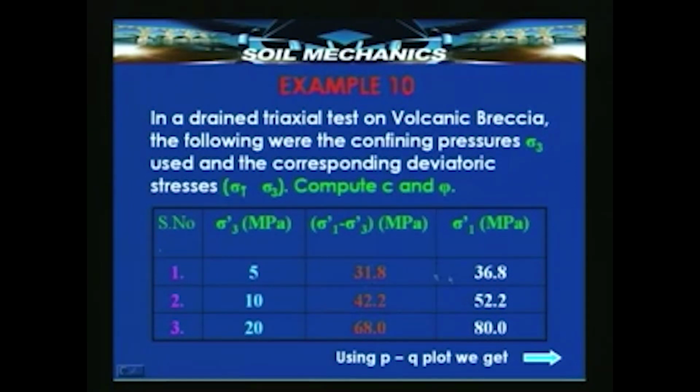Now, from this data we can calculate P dash and Q dash and get the PQ plot. Since this is a rock sample, we seldom measure pore pressures in a rock sample because it is virtually impossible, and we get a PQ plot therefore in terms of the effective stresses.